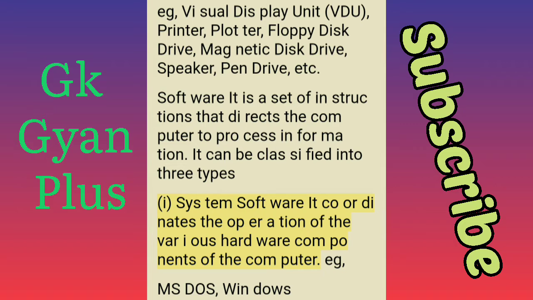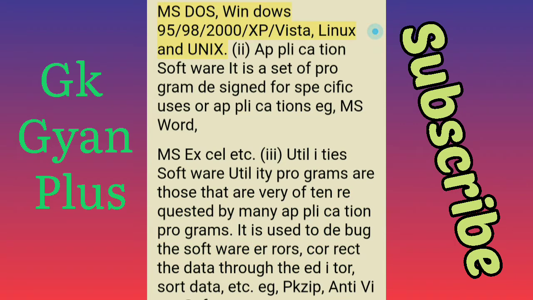I. System software. It coordinates the operation of the various hardware components of the computer. E.g., MS-DOS, Windows 95/98, 2000, XP, Vista, Linux and Unix. II. Application software.